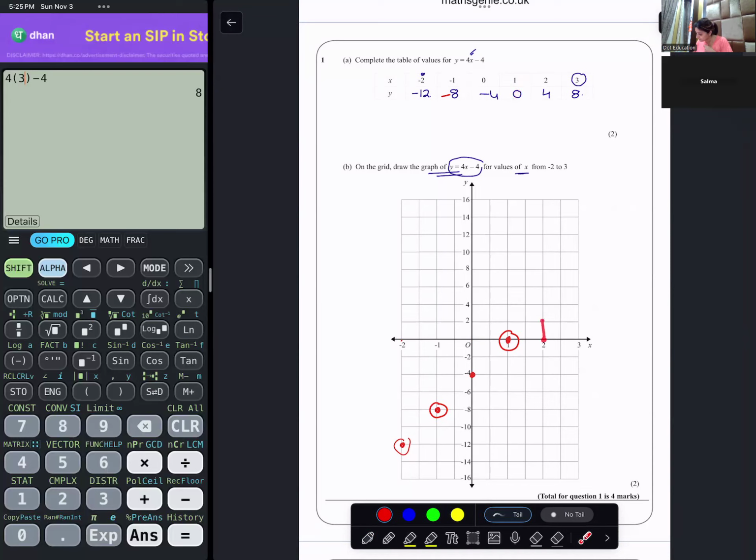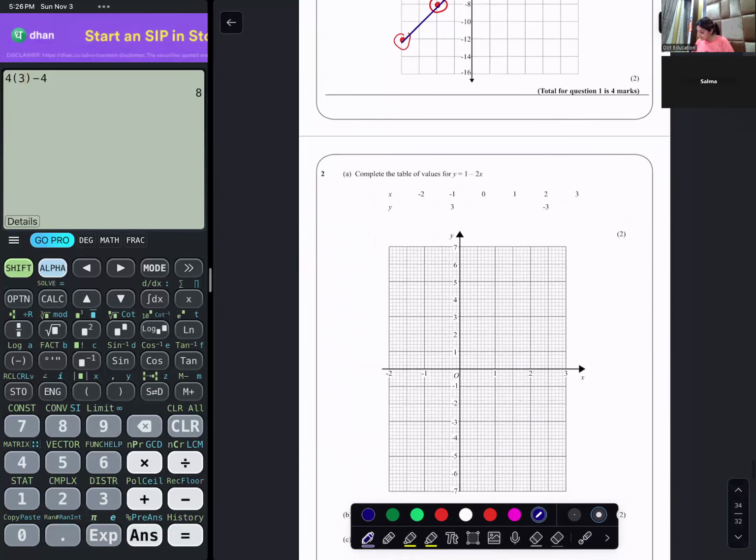When x is 2, y is 4. My next point would be here. When x is 3, y is 8. Next point here. I have to draw the graph of the line which is joining these points, which are joining the coordinates. It's simple. This is my line, and the equation of this line is y is equal to 4x minus 4.